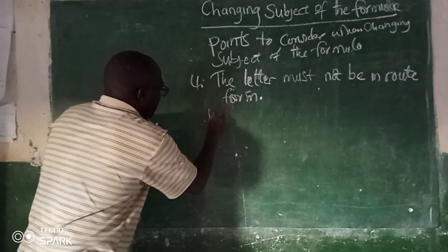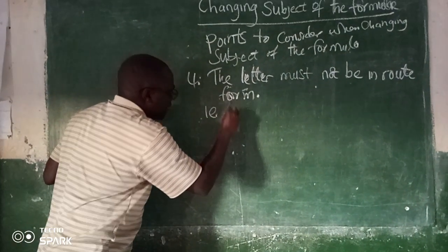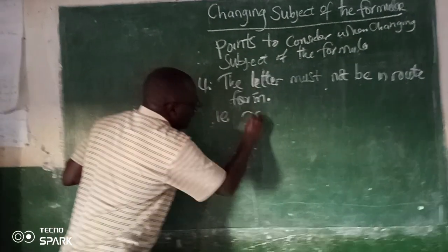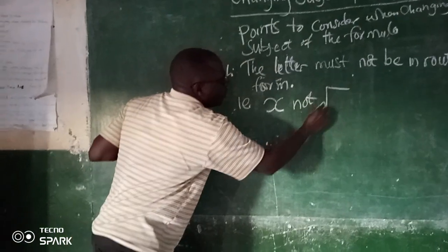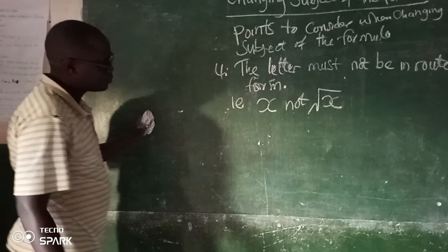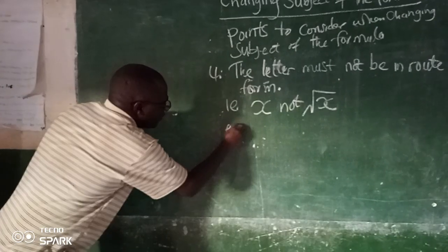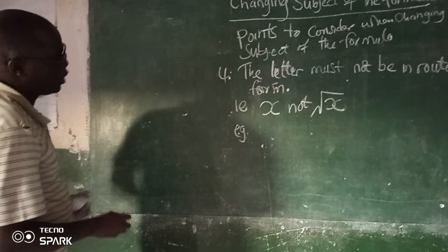For example, if the letter is X, it must be X, not root X. Let me give you an example under this point.